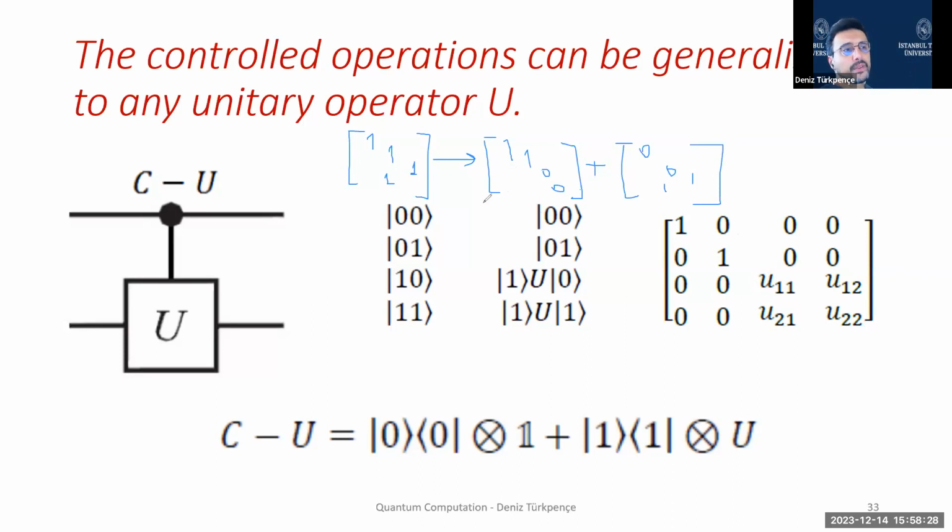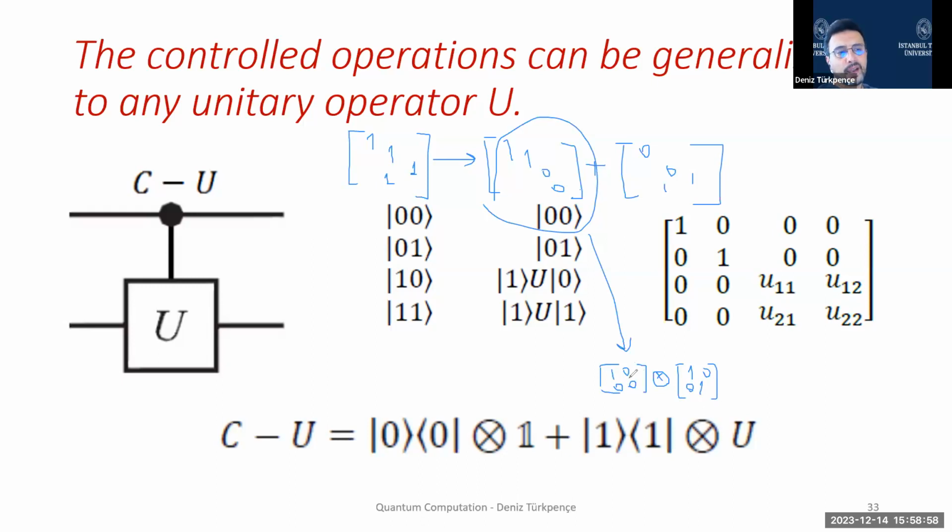This is a 4x4 matrix, and in fact, this matrix can be written in this form. This is the tensor product of these two matrices.